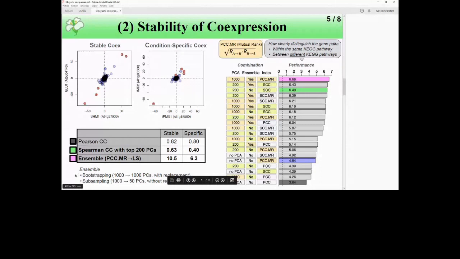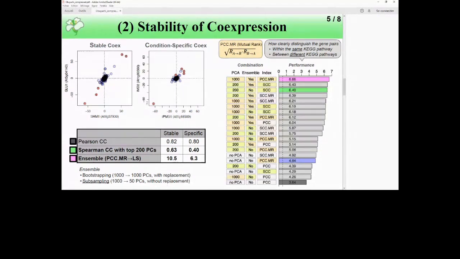But we applied subsampling. This is an important point, because usually bootstrapping samples the same number of data. Here we plot the top 1,000 principal components, and when we apply bootstrapping, we pick 1,000 principal components with replacement.